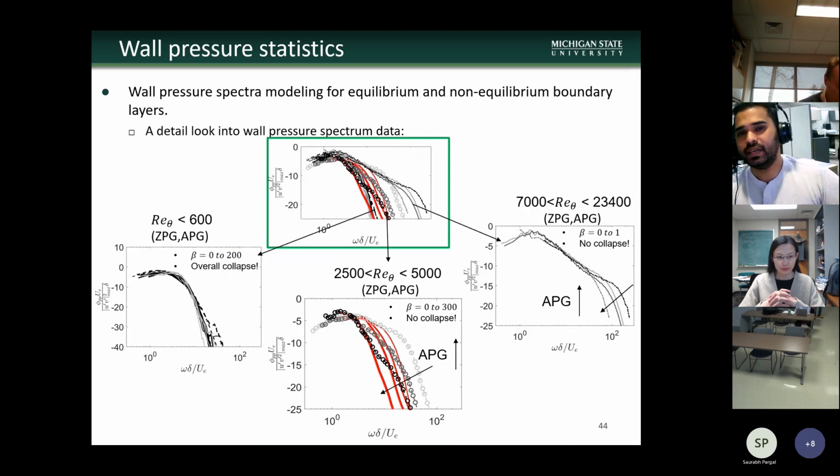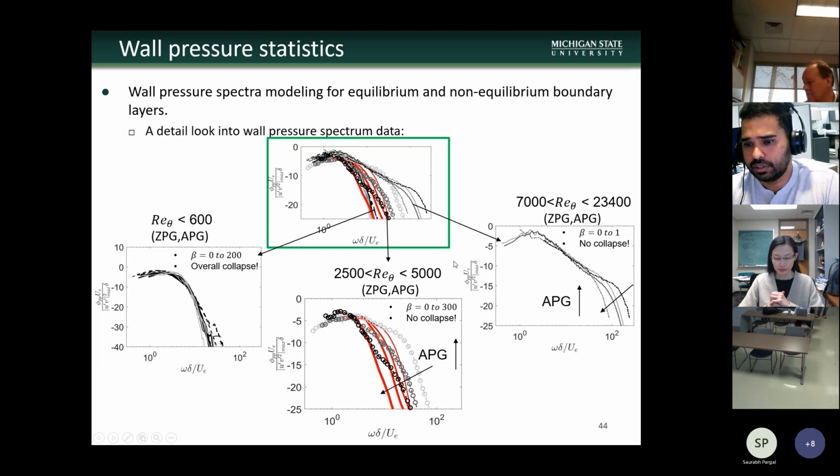Now, looking deeper into the physics, if we segregate this based on Reynolds number, that is low Reynolds number cases with Re theta less than 600, then Re theta somewhere between 2500 and 5000, and then high Reynolds number cases, we see that for the low Reynolds number cases we have an overall collapse between all the cases. It's a sort of self-similarity which is reached with this particular scaling for low Reynolds number.